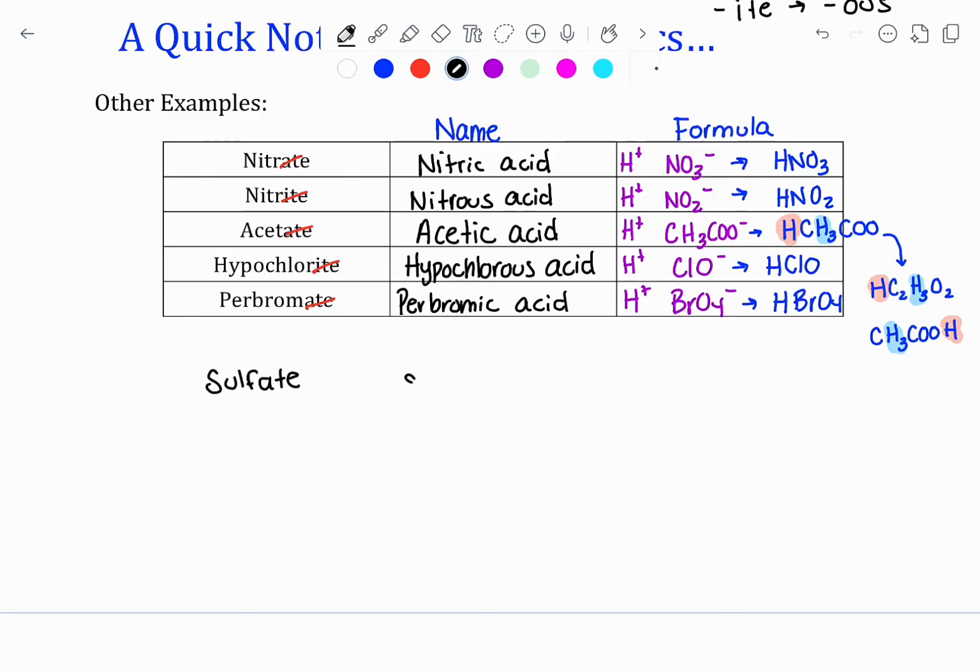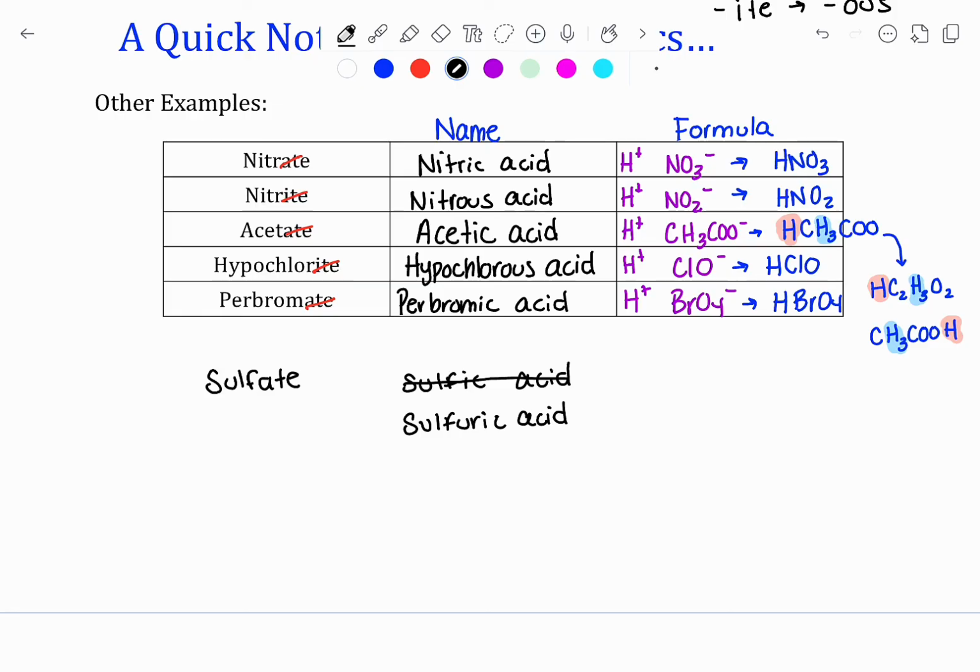So if we tried to go, it would be sulfic acid, which doesn't really sound right. So for something like this, we actually call it sulfuric acid. And the same thing happens with phosphate, it becomes phosphoric acid.